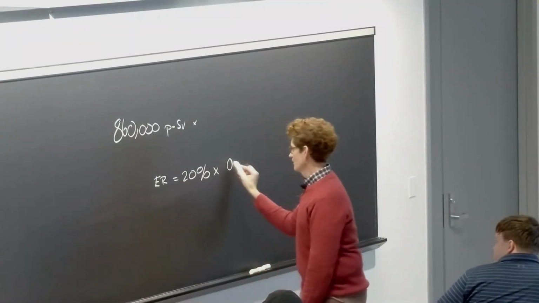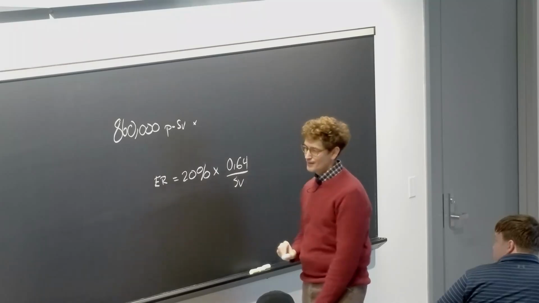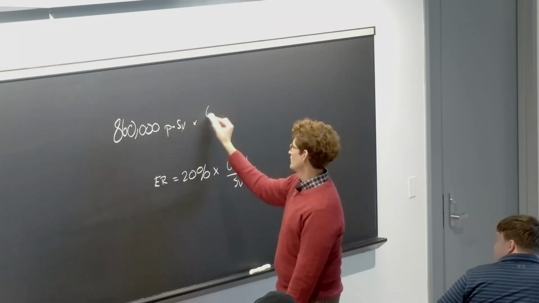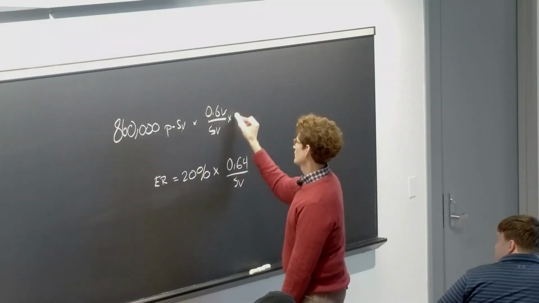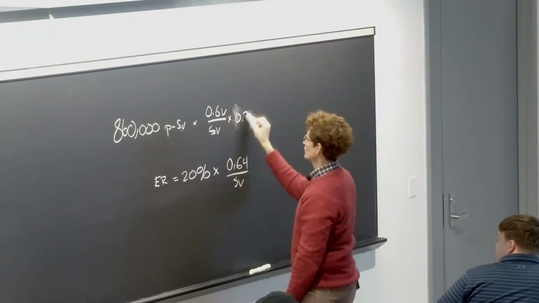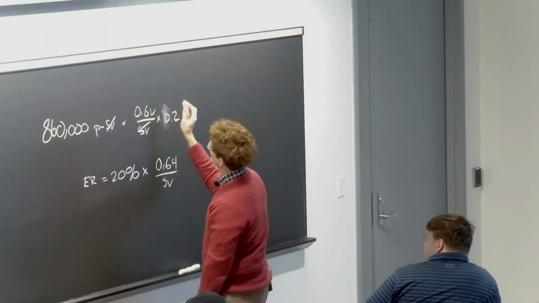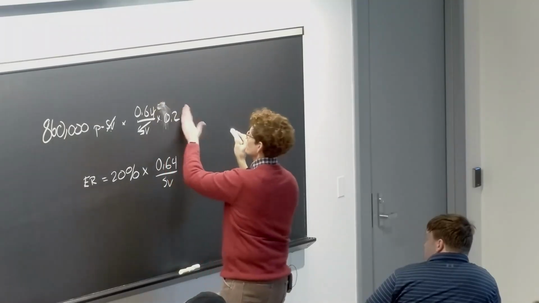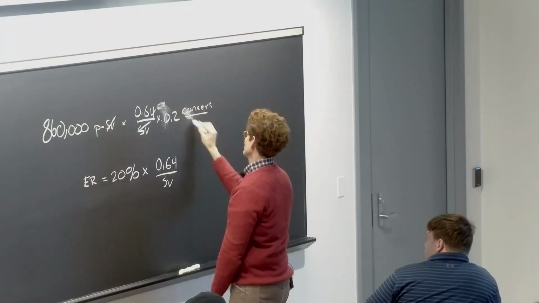20% times 0.64 per sievert. So if we take this and multiply it by 0.64 per sievert times 0.2 for 20%, this cancels. This is a 4, and this is cancers. 20% is cancers per person.